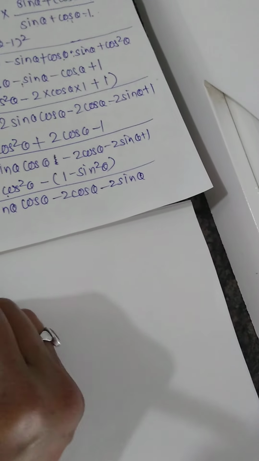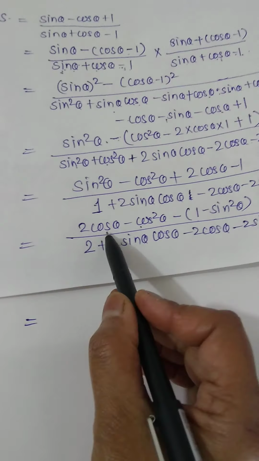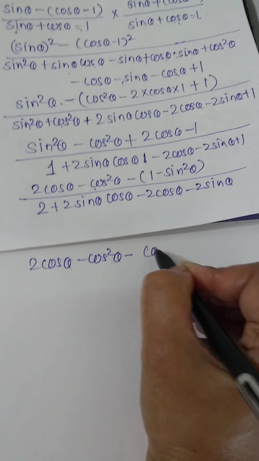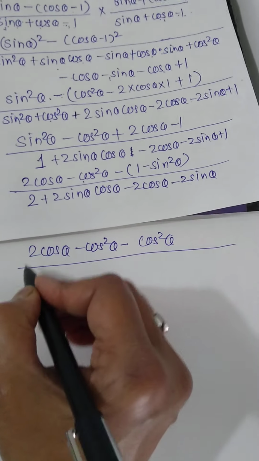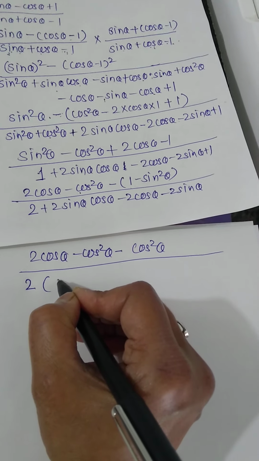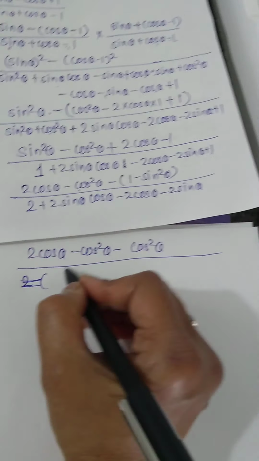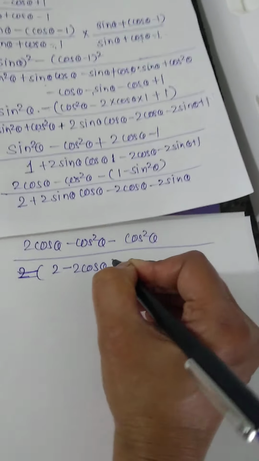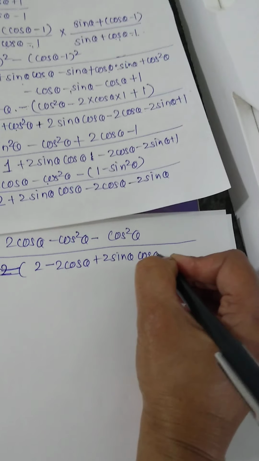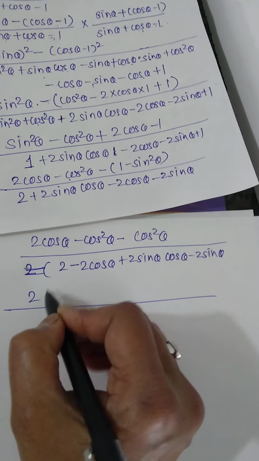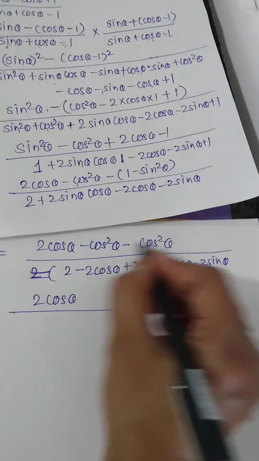The next step of this example is equal to 2 cosθ minus cos²θ, by identity 1 minus sin²θ is equal to cos²θ, upon 2 minus 2 cosθ plus 2 sinθ cosθ minus 2 sinθ. The numerator is 2 cosθ minus cos²θ minus cos²θ.